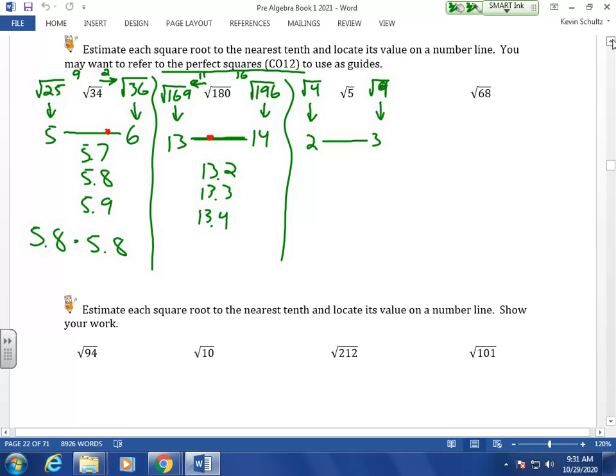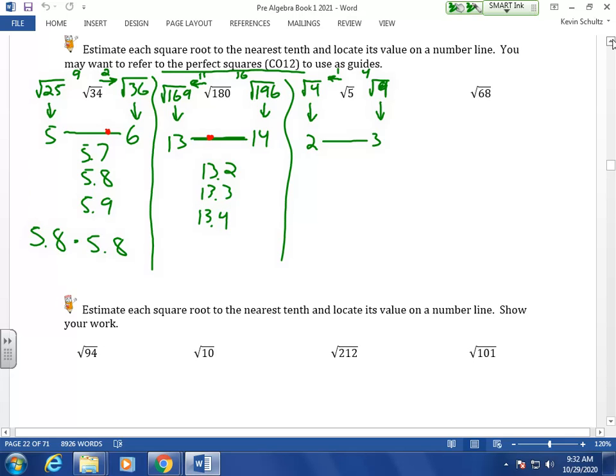Is it closer to 2 or closer to 3? Connor? Closer to 2, because 5 is only 1 away from 4, and it's 4 away from 9. So what might you write down as an estimated value here?